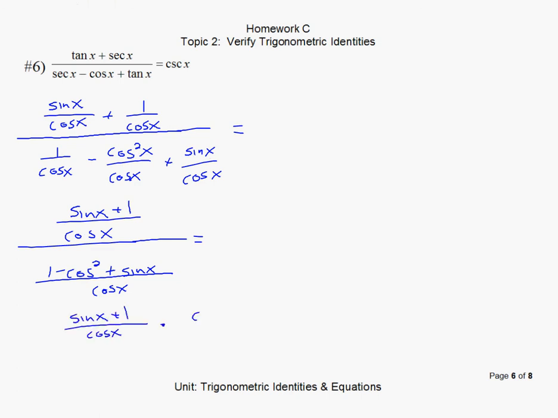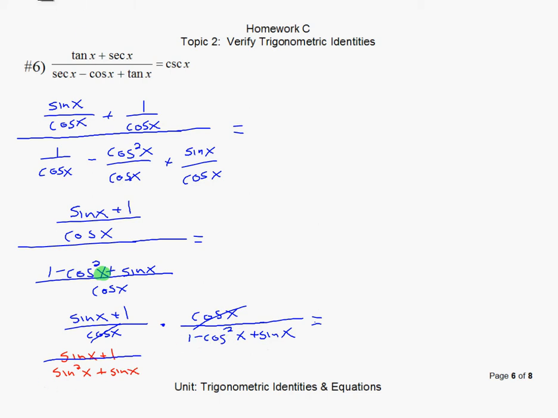Then, instead of having a complex fraction, multiply by the reciprocal of the denominator. I forgot this x here earlier. I just put that in. You see there in green. Cosines cancel on the top and bottom. Also notice that this 1 minus cosine squared of x is the same thing as sine squared of x.